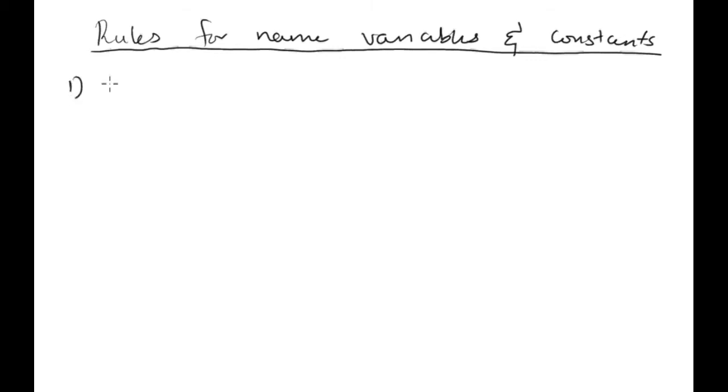Rule number 1, it should be descriptive. What do I mean by that? I would suggest that you always give a variable a name related to what it is going to store. Alright?